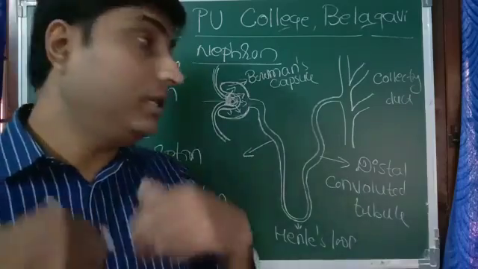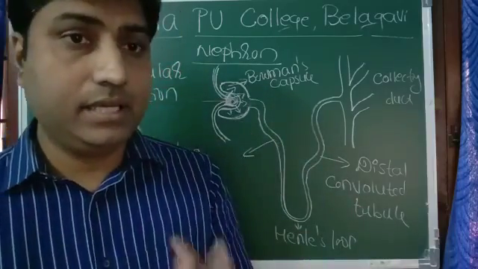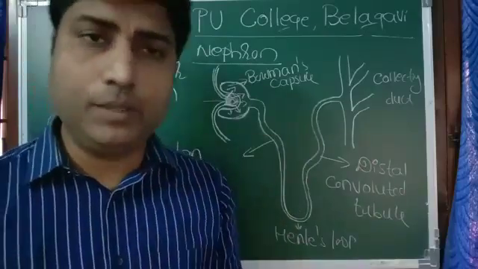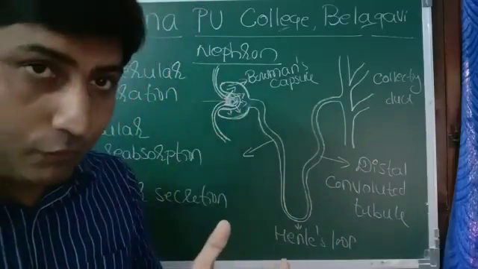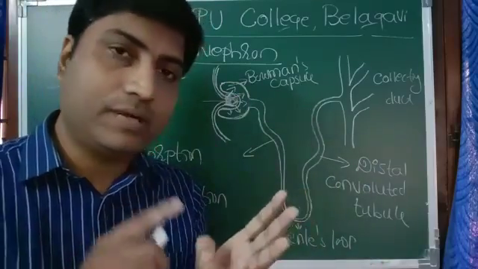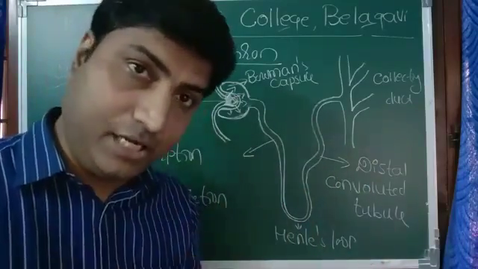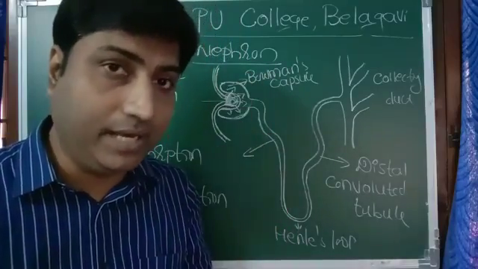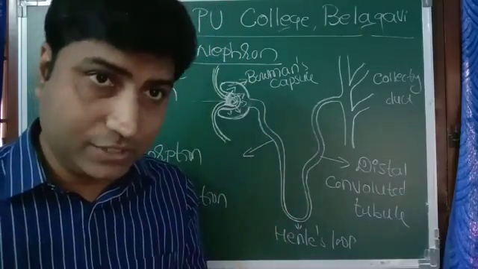And even in spite of dialysis, if it cannot be rectified, dialysis being for a temporary period, then we go for transplantation of the kidney. So we will learn about dialysis, transplantation of the kidney, and about kidney stone, which is the popular thing nowadays. What exactly is a kidney stone?